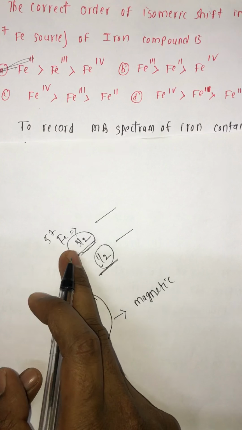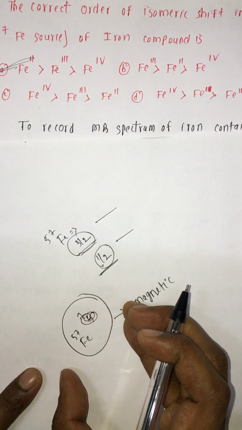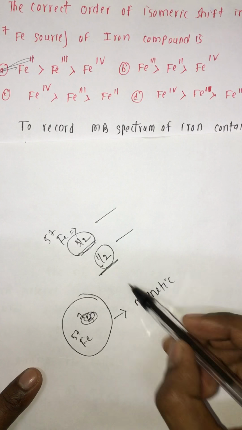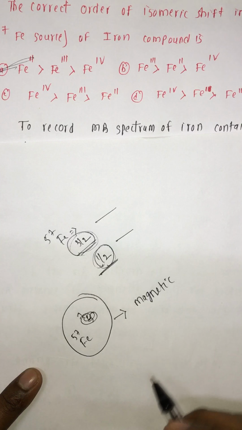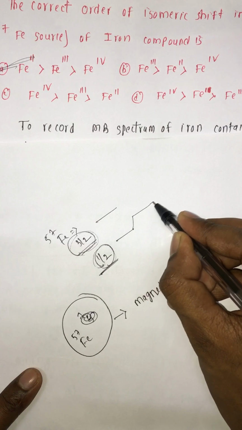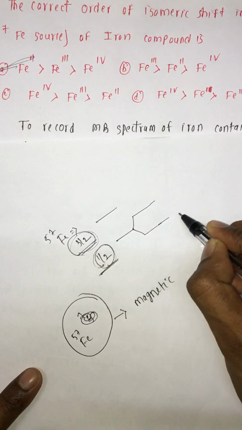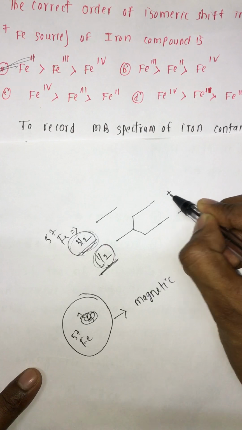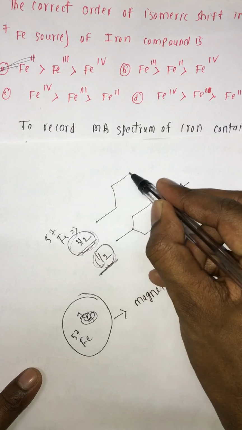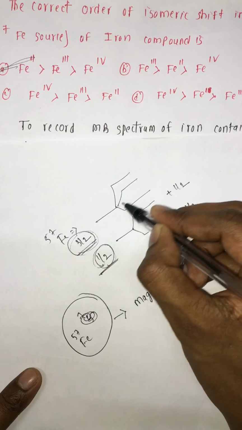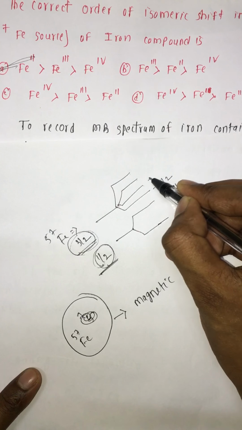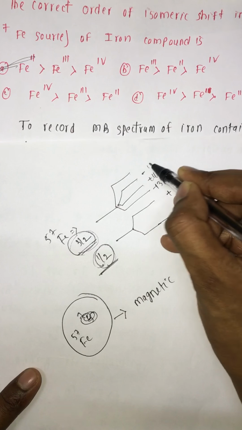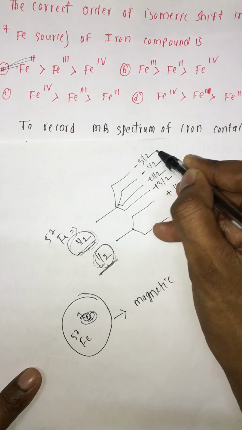When we keep this iron-57 in the magnetic field, this nucleus will interact with the magnetic field, and further this will split. The 1/2 state splits into minus 1/2 and plus 1/2, and 3/2 will split into 4 lines: minus 3/2, minus 1/2, plus 1/2, plus 3/2.